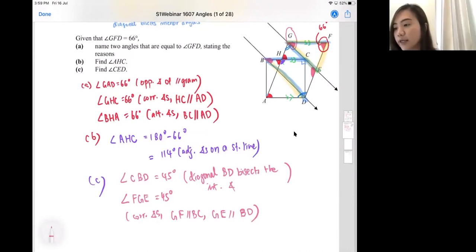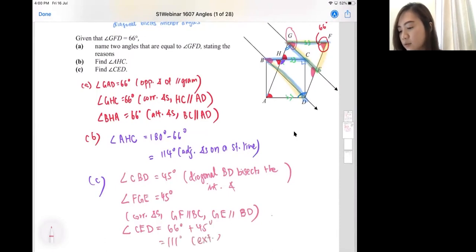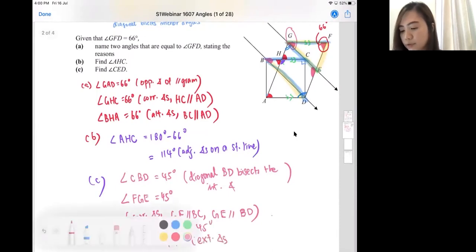Once you know this, you can find angle CED by adding the two, 66 and 45. Exterior angle of a triangle.